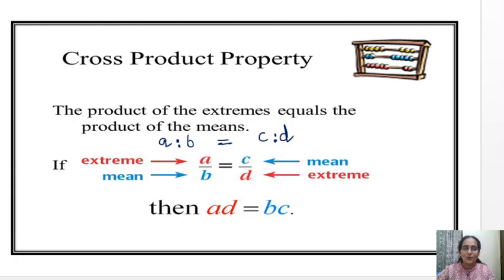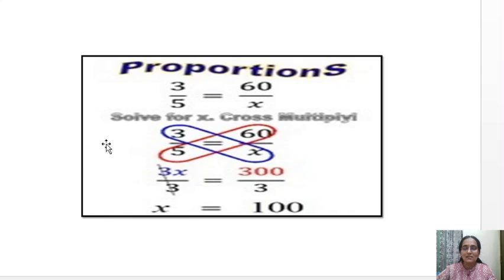This is known as the property of proportion, where you will use this property to solve such sums, to solve the unknown quantity. When 3 by 5 is equal to 60 by 6x, you can find out the value of x by using the cross product property. Cross multiply, then you will get one equation.